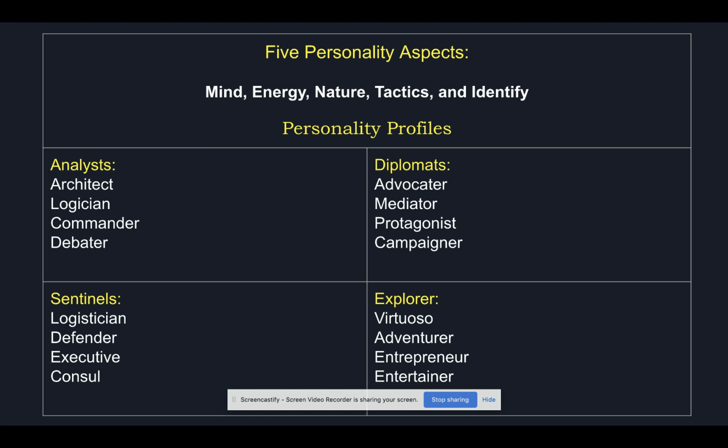The next part looks at the personality profiles. I'm not going to go through each one to talk specifically about all of the subcontents, because it is listed under your individual description of your personality profile. But I will just share what they are. You can be an analyst, which includes architect, logician, commander, or debater.